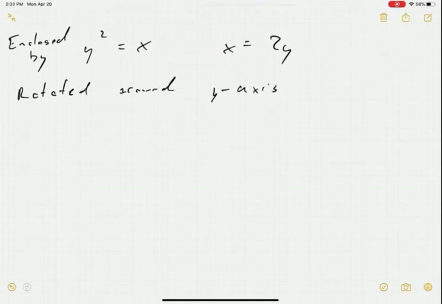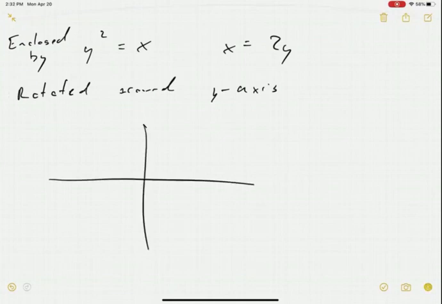So again, let's try and draw our region. Y squared equals x is this sideways parabola. X equals 2y is the same as one half x equals y, so this is a line with slope 1/2.